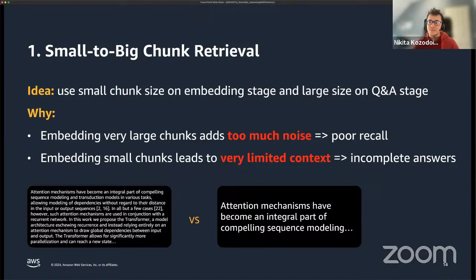The problem is that if we use a very long chunk size, so let's say we use the whole section, when we embed those chunks, we will probably have too much noise in this embedding. So when given the question, what is self-attention? If you look at the left chunk on the slide here, it contains a lot of text. It does mention attention a couple of times, but it also mentions a lot of other concepts as well.